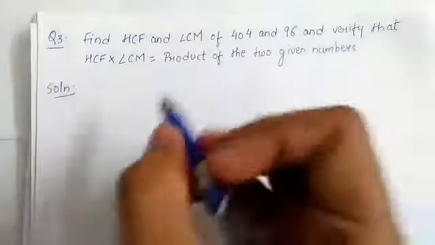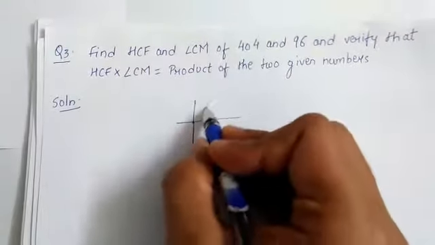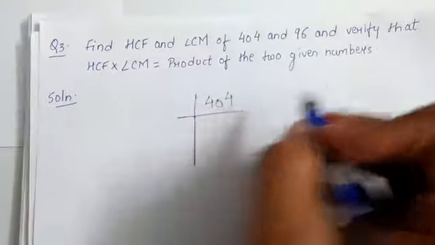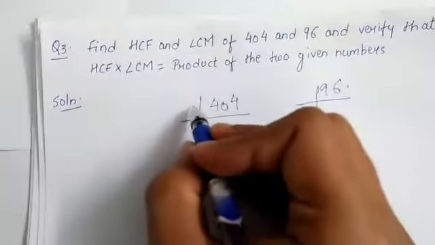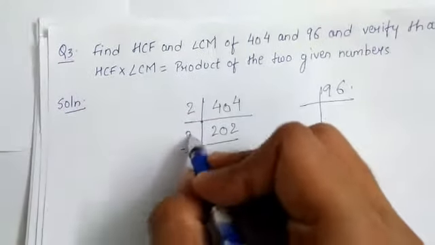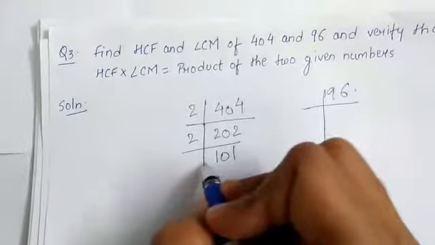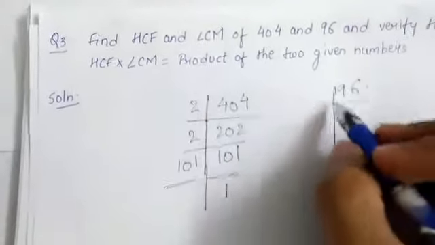So first of all, let me find the factors of both the numbers that are given, 404 as well as 96, by simply dividing. 404 gives 202 and 101. Now 101 is a prime number, so there will be no further factors.